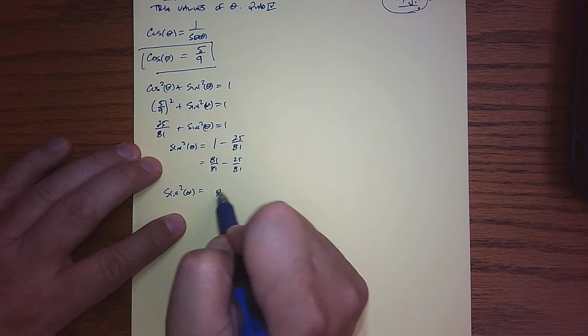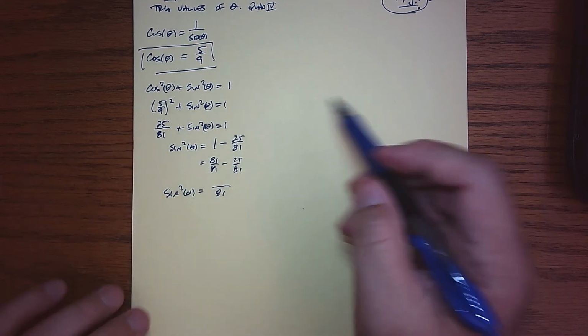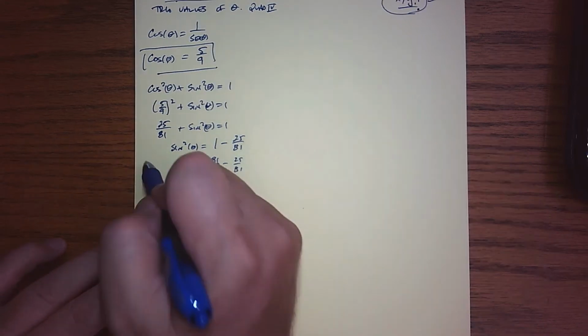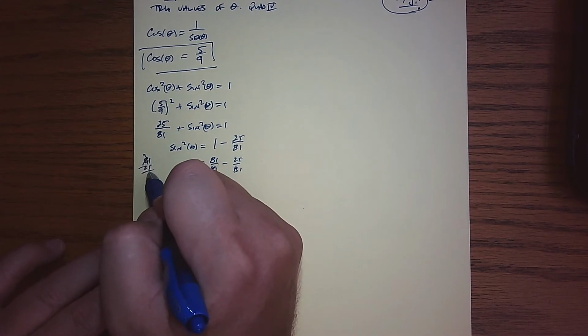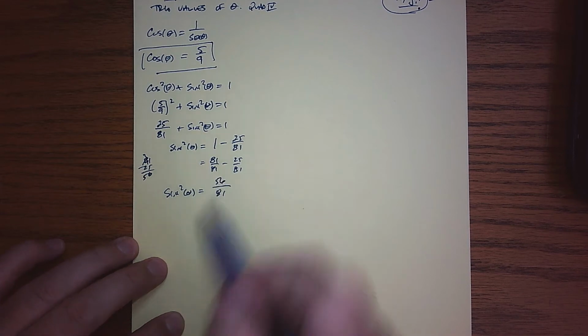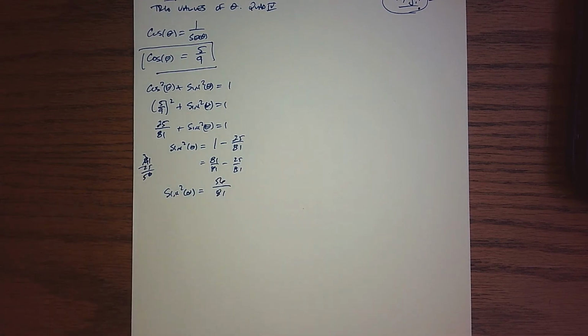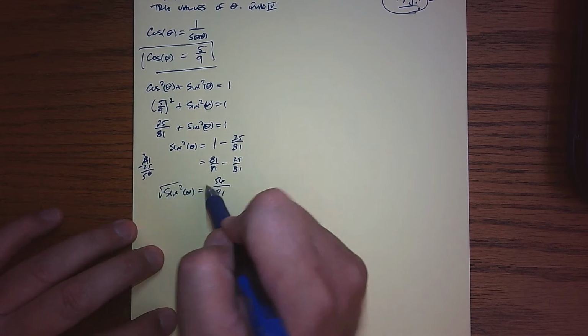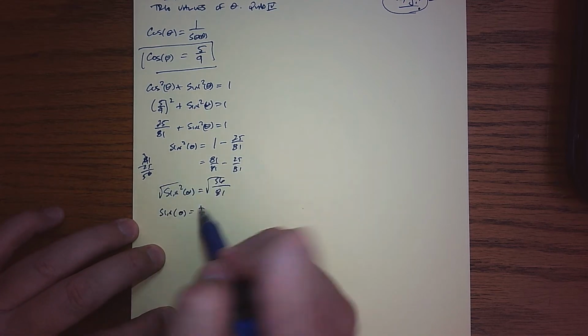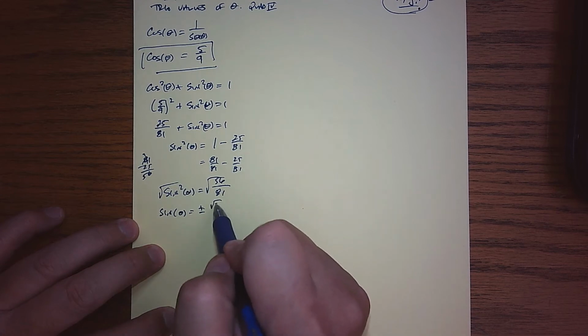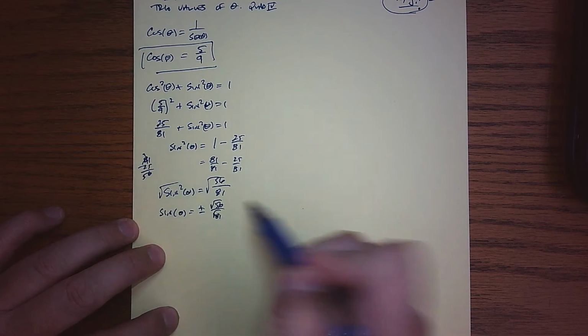I know for sure we got 81. 81 take away, let me do that. Borrow that, that's a 6. 56? I think I did that right. All right, so 56. And so taking a square root, we have the sine of theta is plus or minus the square root of 56 over the square root of 81.